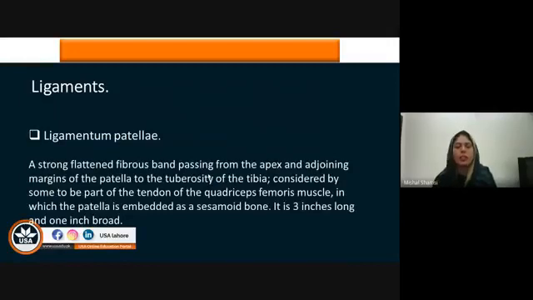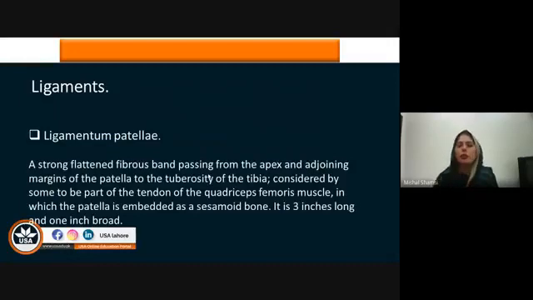And you know that the patella is inserted into which muscle? It is inserted into the quadriceps femoris as the sesamoid bone. The ligamentum patellae is 3 inches long and 1 inch broad. So this is all for the ligamentum patellae, a ligament between the tuberosity of the tibia and the patella.